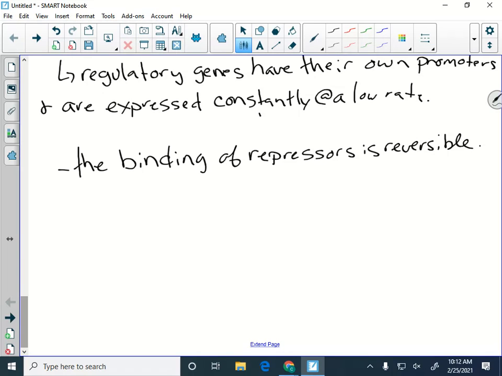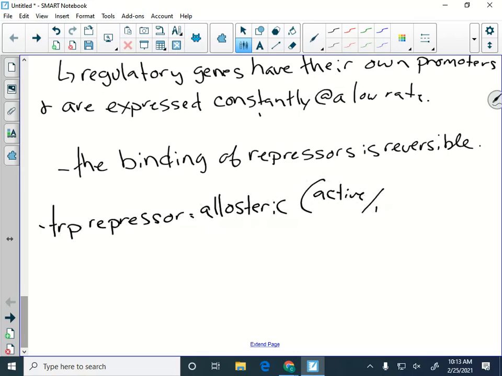But also, specifically the trp repressor is allosteric. If you remember way back at the beginning of the year when we talked about enzymes, allosteric means that there is an active and an inactive form, depending on if something is bound to it. So the trp repressor is allosteric, which means there is an active and inactive form.